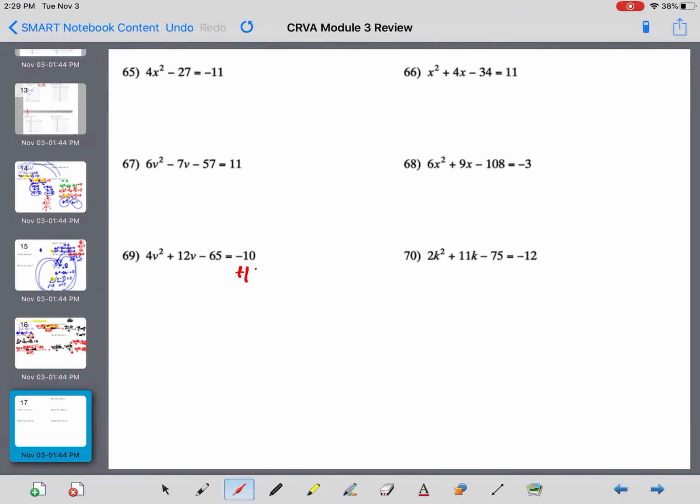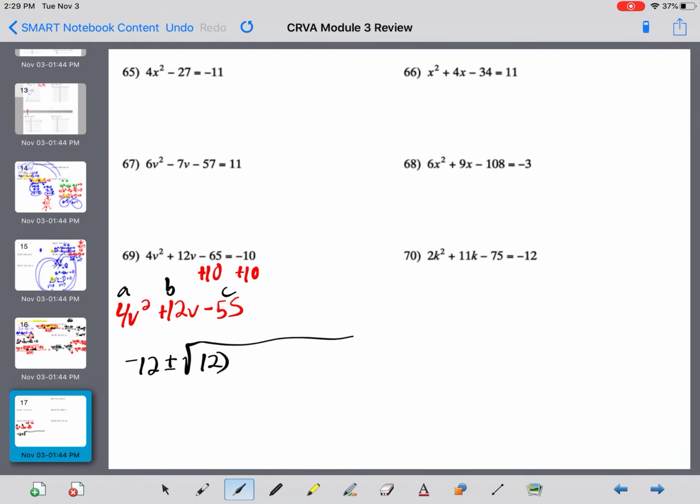Let's try number 69 because I have more space there. So I'm going to add 10 and add 10. So I get 4v squared plus 12v minus 55. So here is my A, my B, and my C. The opposite of B. Oh, I should do one more after this.